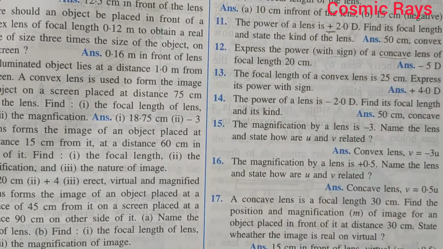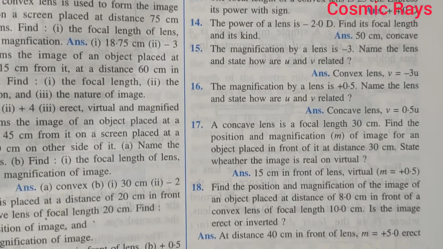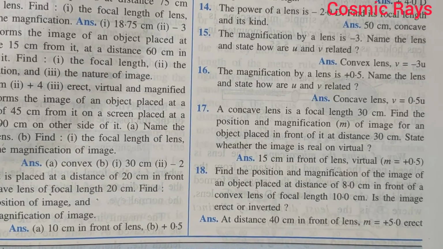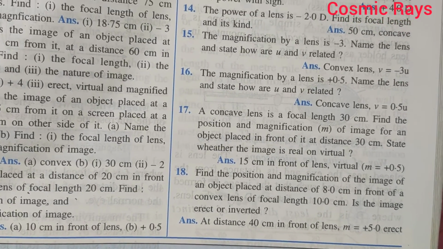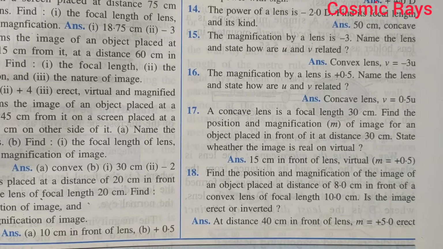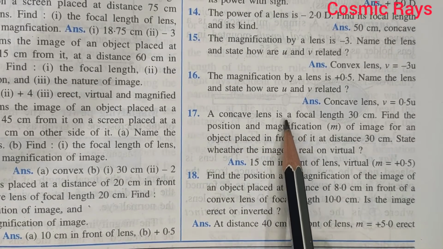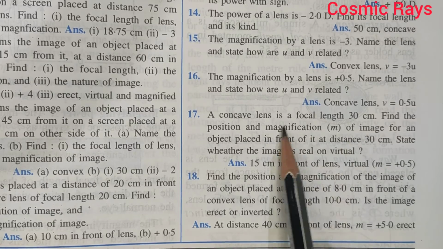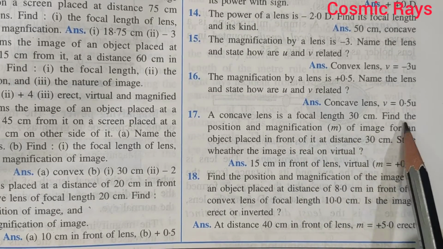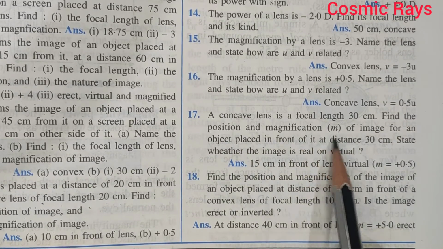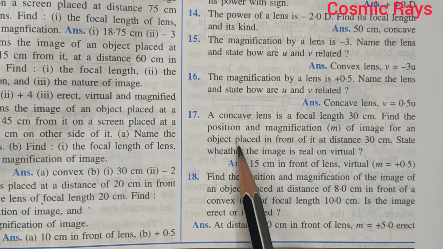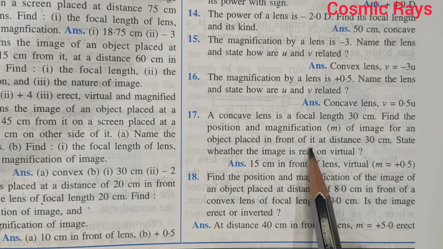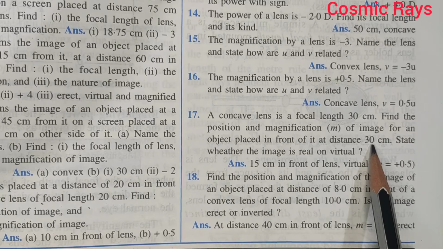Now let's take up question number 17. It says a concave lens is of focal length 30 centimeter. Find the position and magnification of the image for an object which is placed in front of it at a distance of 30 centimeter.